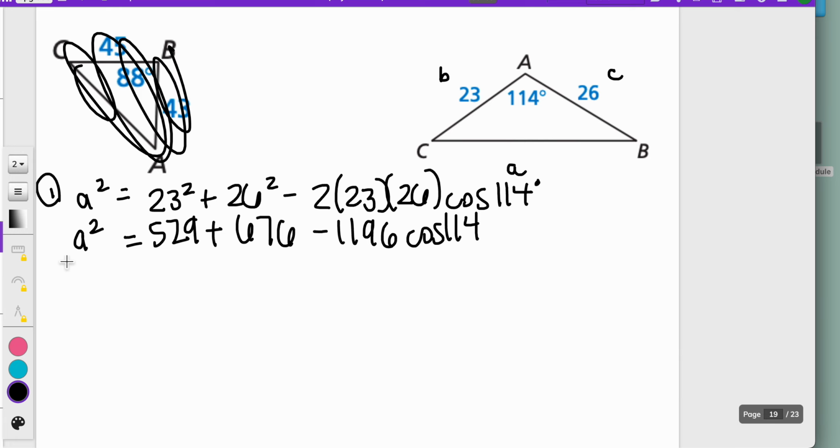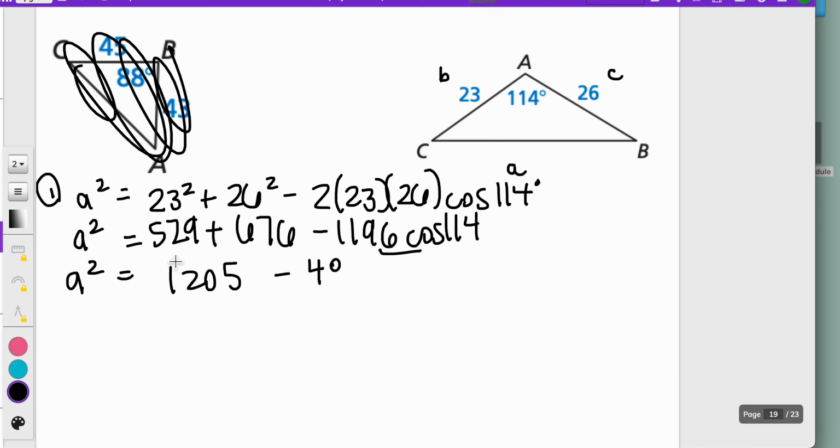Remember we're doing multiplication first and then subtracting that from my addition. So that'll be 1205 minus, we got 486.